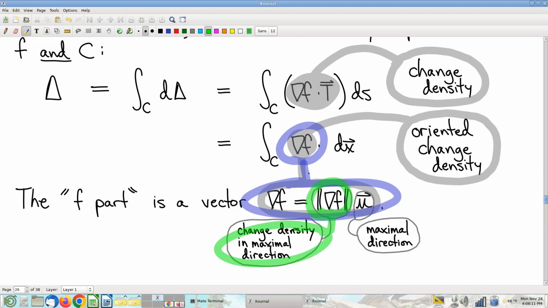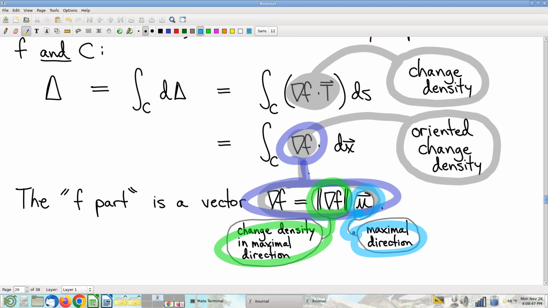So I'm not going straight uphill. But if you ask the question, how steep is the hill itself? The magnitude of the gradient tells you how steep the hill itself is, independent of my own path and my own experience. And then further, the direction of the gradient is telling you which direction is uphill. Which direction do you go to experience the actual steepness of how steep the mountain actually is.